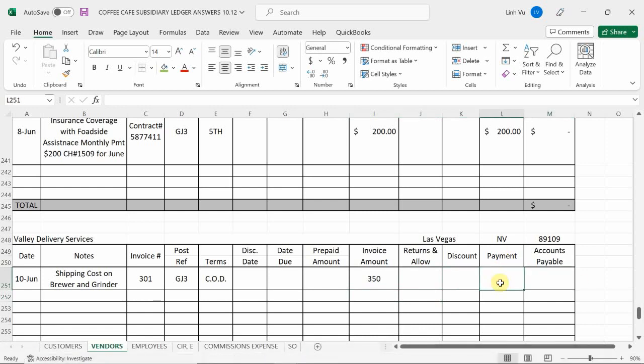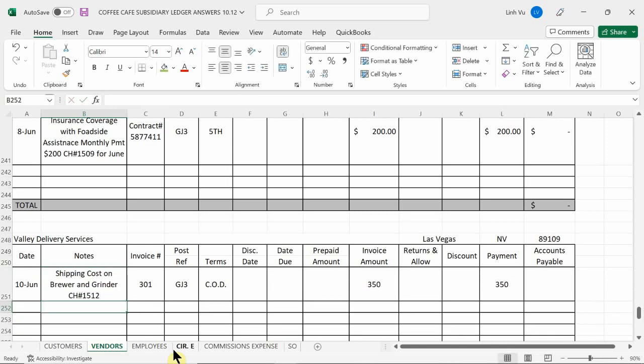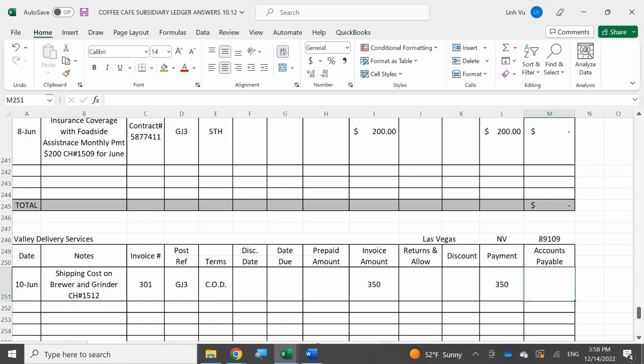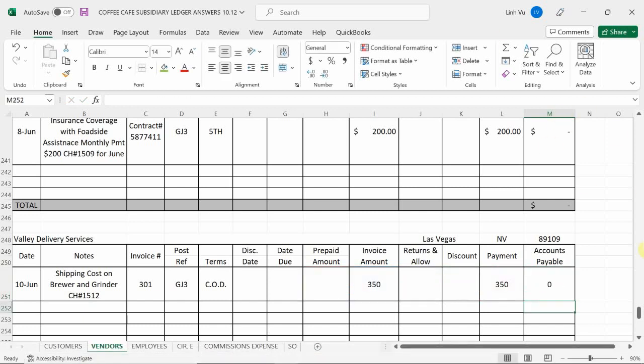Oh, I forgot to put my check number. I made a payment for $350, so I'm going to also include my check number as proof I made a payment with check number 1512. So that means you're going to owe Valley Delivery Services nothing.